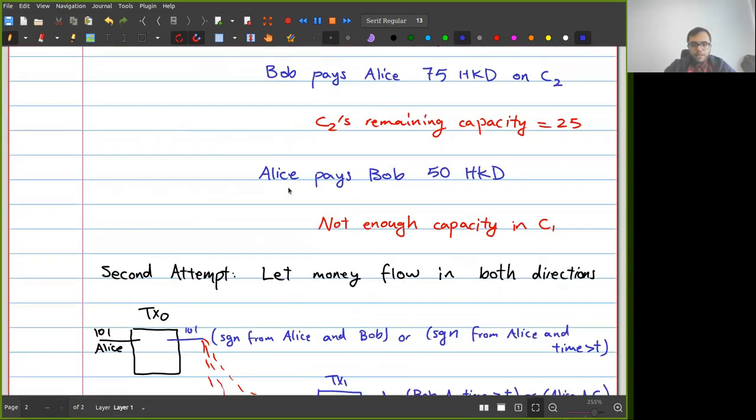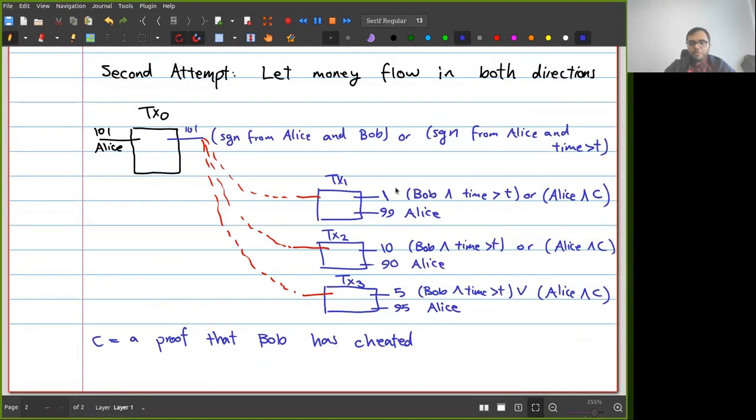Now here, instead of just saying, I'm paying Bob 1 unit, Alice is saying, Bob can claim this 1 unit if the time is after T. But if I can prove that Bob has cheated, then I can claim this 1 unit of money. So she creates a transaction that has these conditions in it.